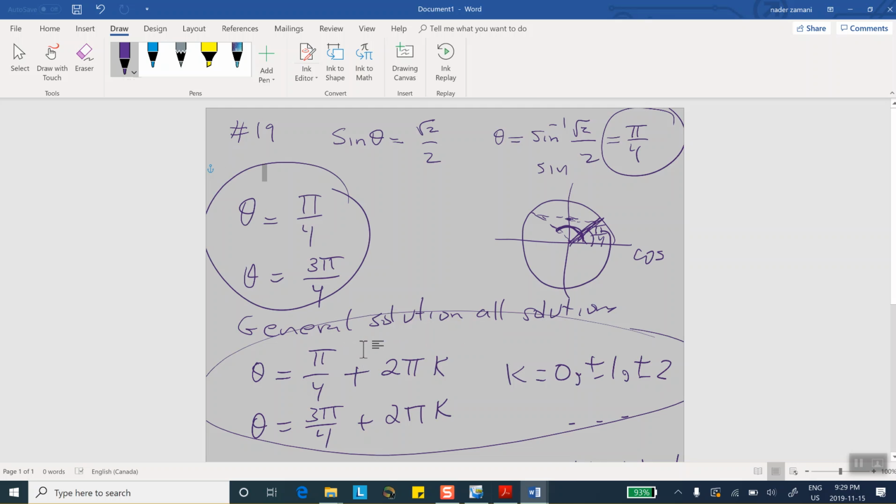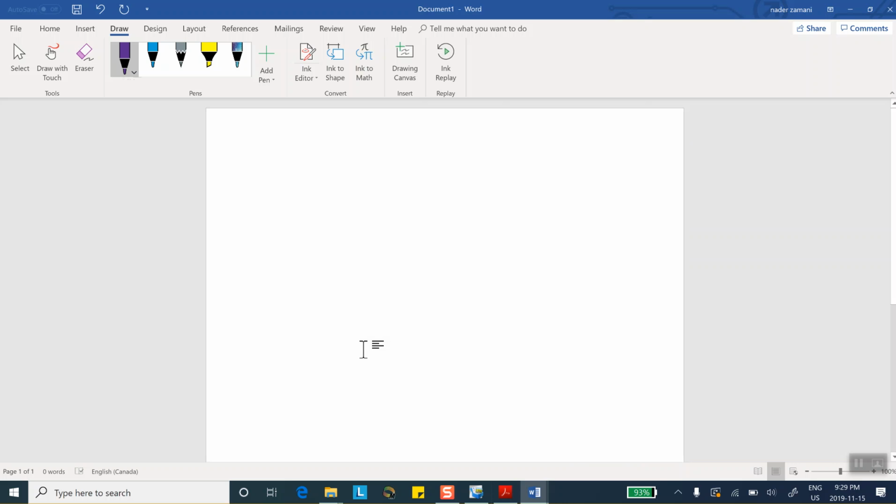Number 20. So this is number 20. We have sine of theta equal to minus root 3 over 2. Okay. So if you relied on your calculator, you don't have to, you do this.